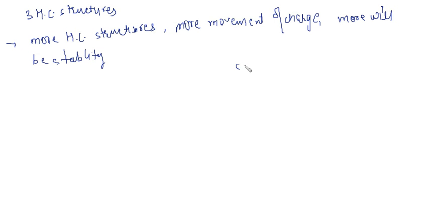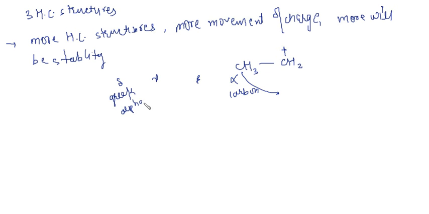Now if we reconsider the structure again, CH3 CH2 plus. The carbon next to the reference carbon is known as the alpha carbon. Then beta, gamma, delta, the Greek alphabet we use: alpha carbon, beta carbon, gamma carbon, delta carbon.